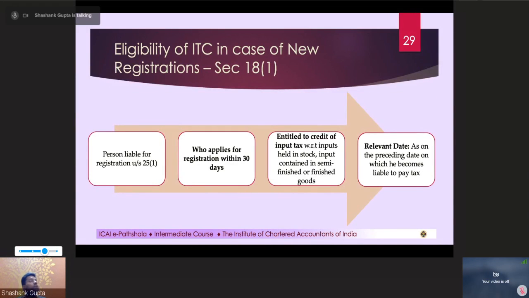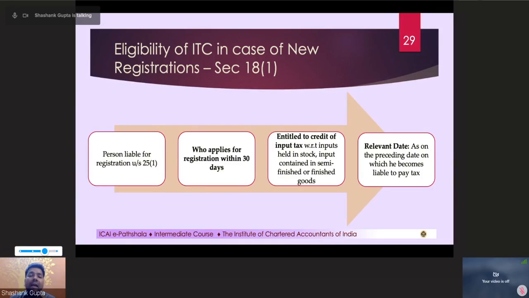Now we move on to the next section, that is section 18. This section 18 talks about some specific scenarios. First, it talks about the case of new registration. That is, a person becomes liable to obtain registration and obtains registration or applies for registration within 30 days of becoming liable.